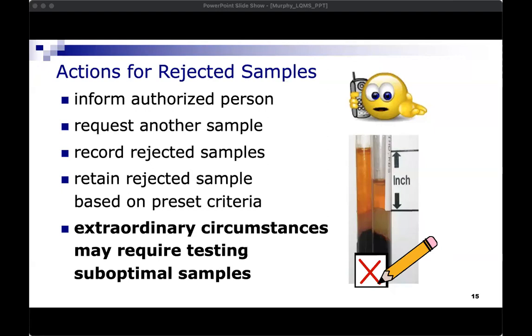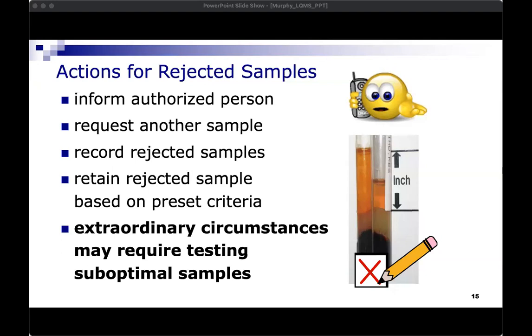A broken or leaking tube or container, insufficient patient information. Now that's sometimes something that can be corrected. Sometimes you can call and get that additional information. If the sample label and the patient name on the test requisition don't match, again, that's something you need to look more into.